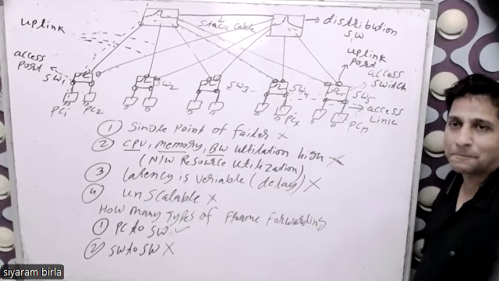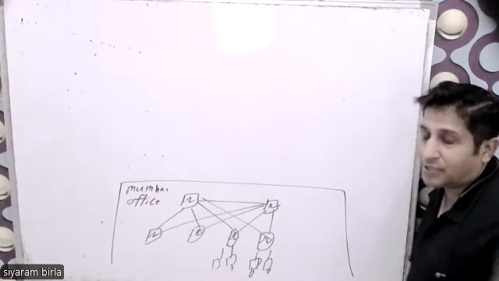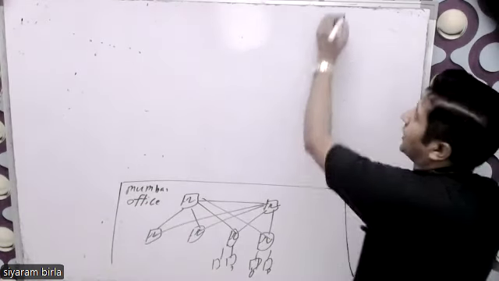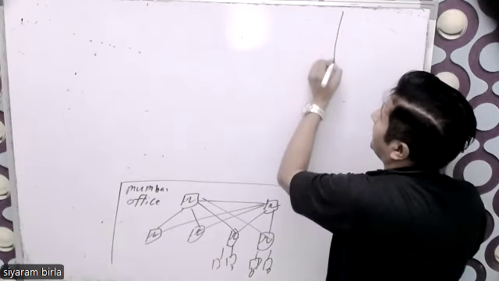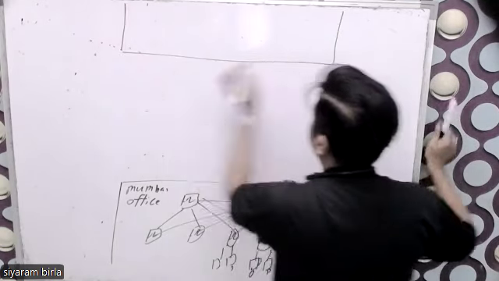That is the Mumbai office in India. Same office, suppose in the US, or in Pune, which is a city in India. Same architecture: distribution switches connected to the access switches.